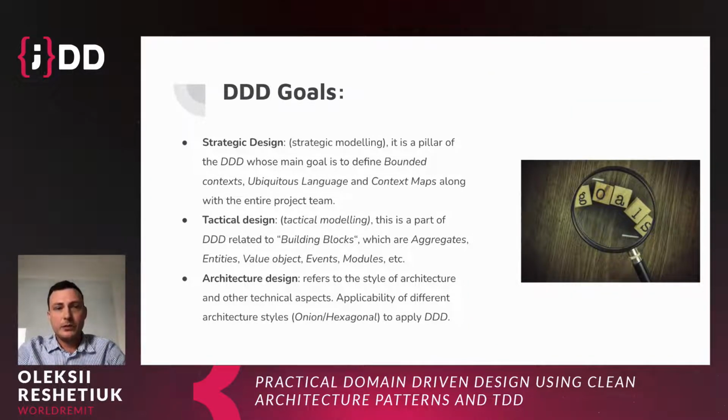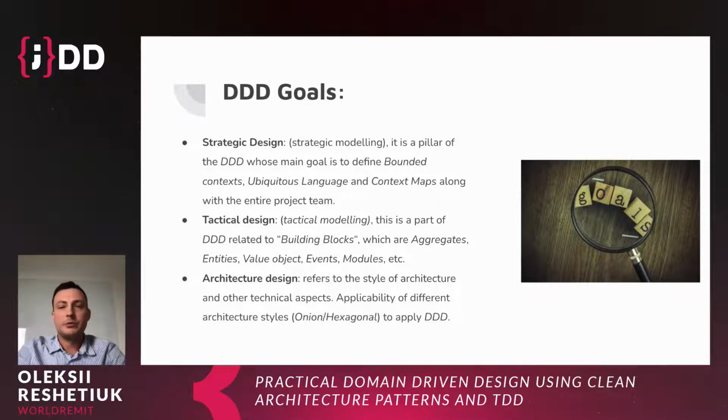Okay, DDD goals. Domain-driven design is predicated on the following goals. There are 3 main goals, and first is strategic design, also called strategic modeling. It's a pillar of DDD whose main goal is to define bounded context, ubiquitous language, and context maps along with the entire project team. Second is tactical design, also called tactical modeling.